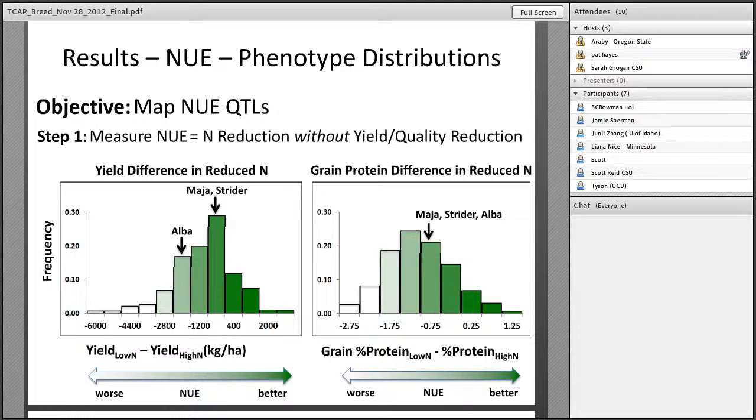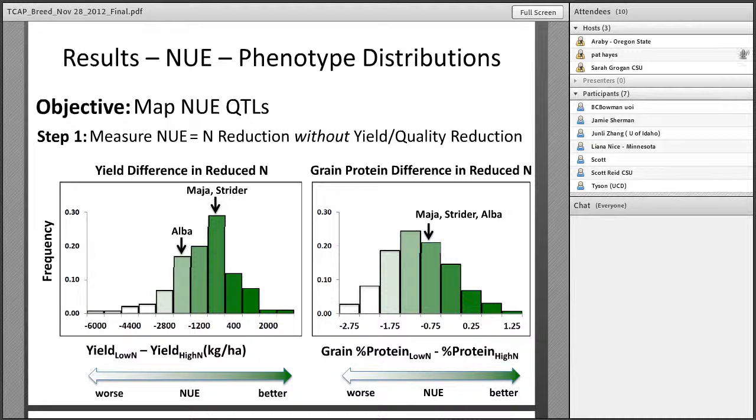So a little bit of the results from the summer. I'm still doing some of the field effect adjustments, but these have been adjusted already. Looking at the nitrogen use efficiency trials, I'm looking at genes, or alleles, that confer the ability to reduce the input levels without reducing yield or yield quality.